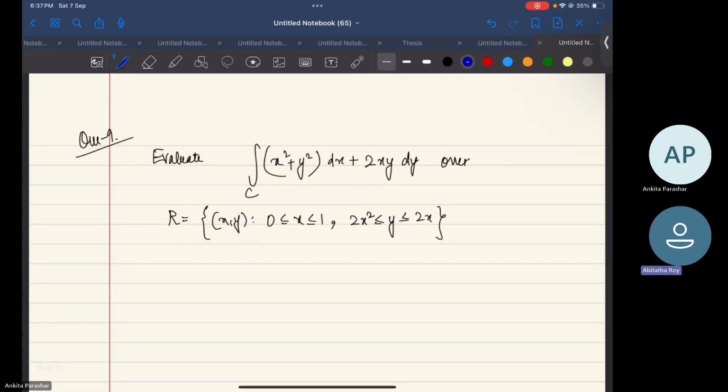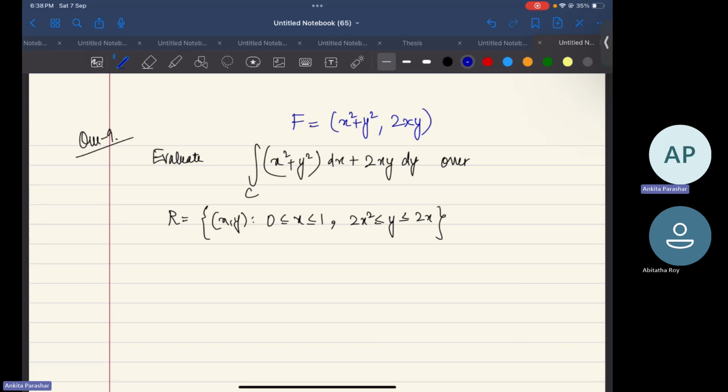We want to evaluate this, F dot dr. F is nothing but (x squared plus y squared, 2x). So it's a vector field, right? And whenever you have a vector field, F dot dr means work done.